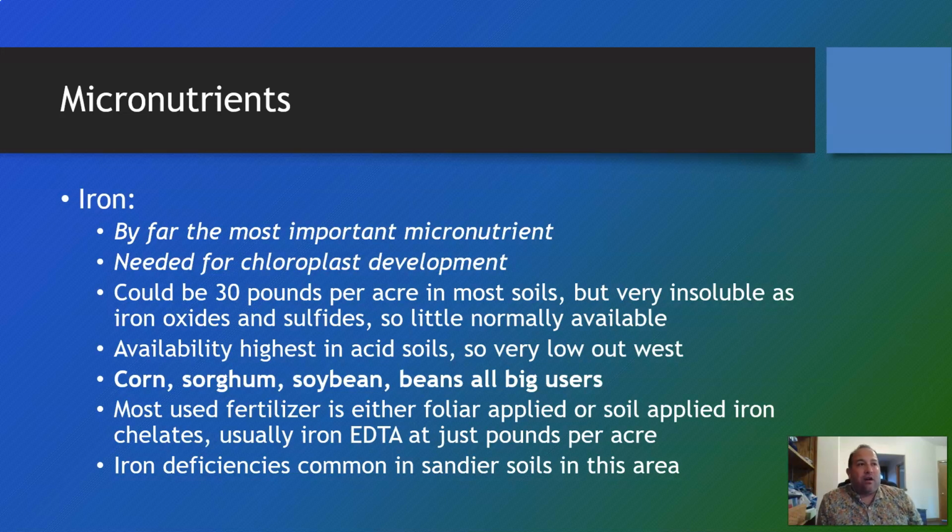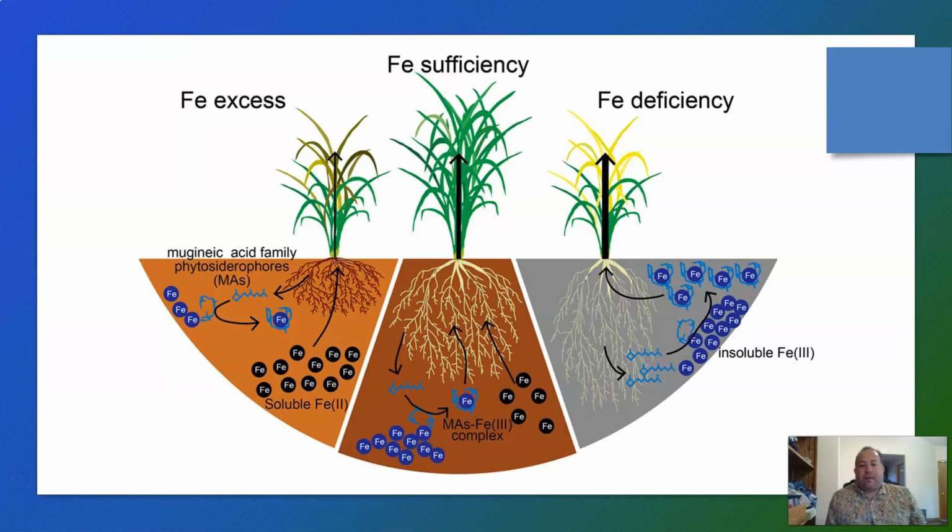Iron deficiencies are usually going to be more common in sandier soils because it's another thing that can leach through the soils. The best way to describe iron is that it's that Goldilocks theory, right? Too much is not good, too little is not good, and just the right amount is exactly how much iron you need.